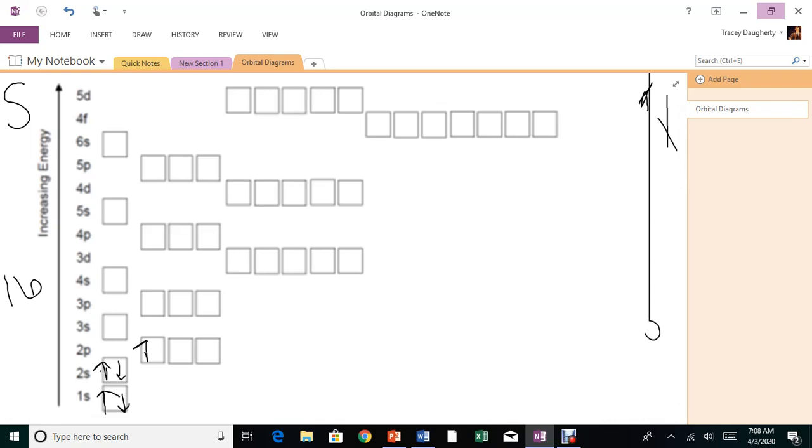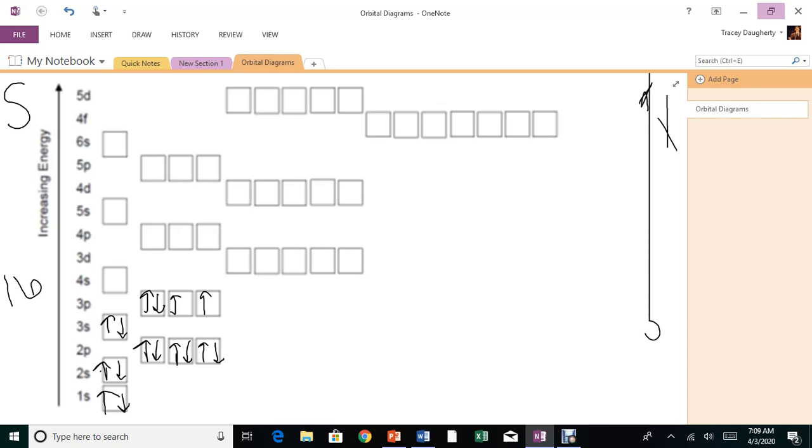The 2p fills 1 up in each box, and then 1 down in each box. So that gives us 10 electrons, 11, 12 in the 3s, and then 13, 14, 15, Hund's rule, and 16 goes in as a down arrow in the 3p.